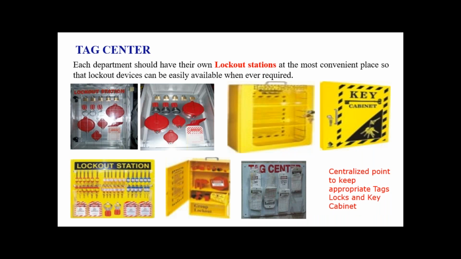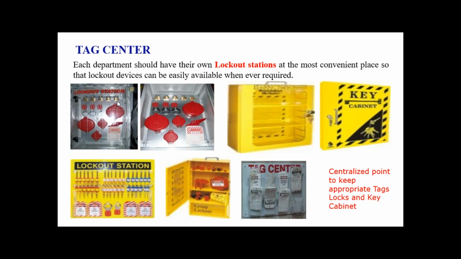This is an example of the tag centers. Sometimes we call them lockout stations. It should be a centralized point to keep the appropriate tags, locks and key cabinets in one place, so that every employee knows these locks are available in the lockout station or tag center.